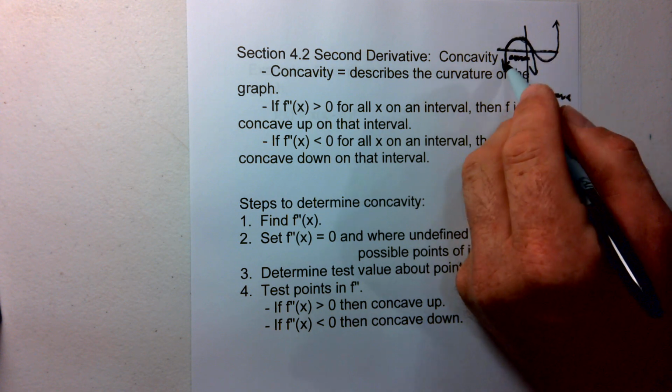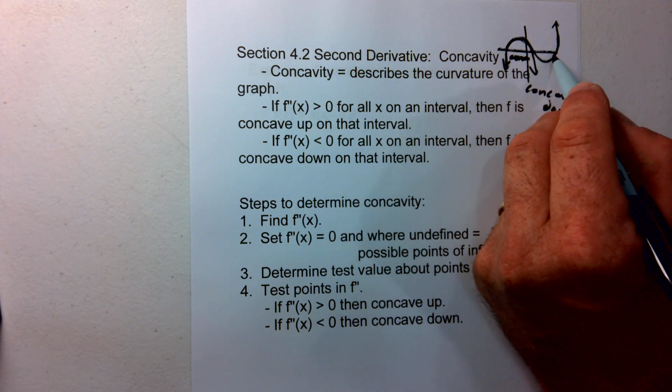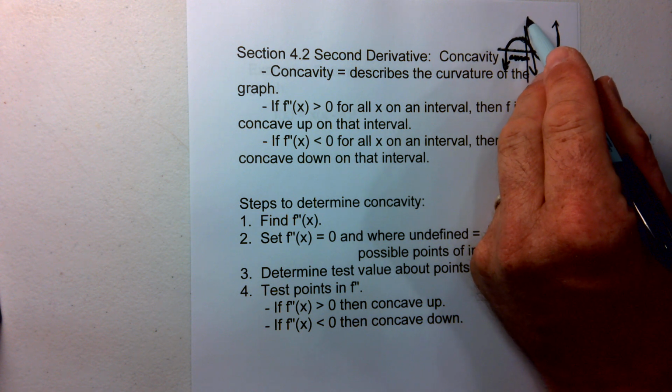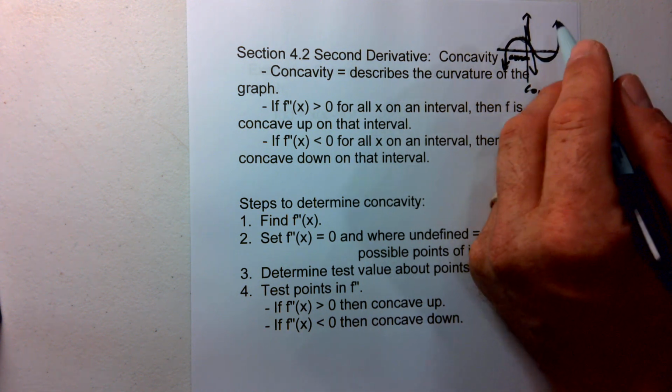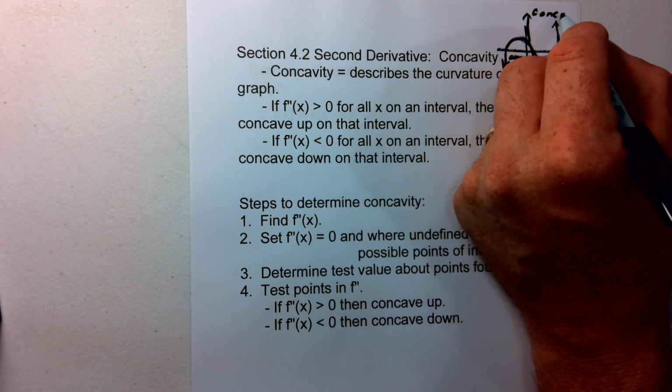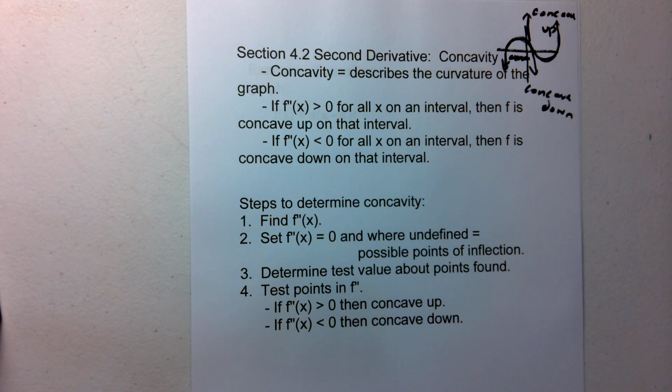It's curved down. And this other part on the right side is concave up, or pointing up, so we call it concave up. That's what we're going to talk about today: being able to find where that curvature is, how it's pointing, if you want to think of it in that manner.